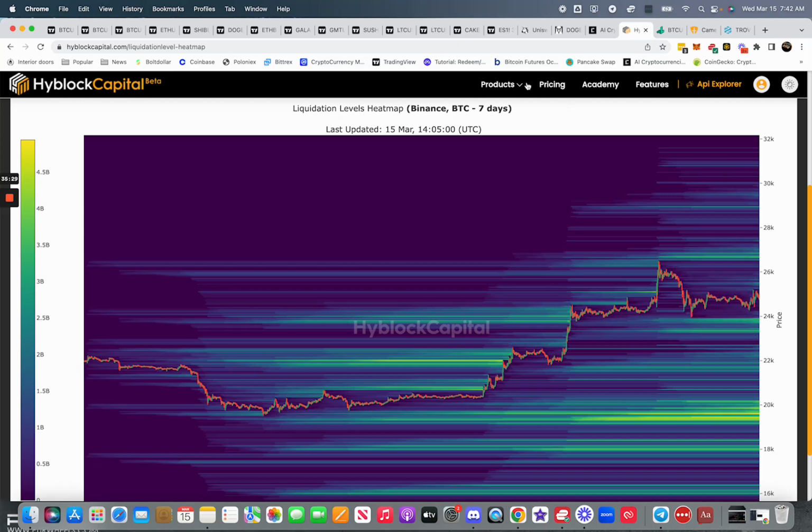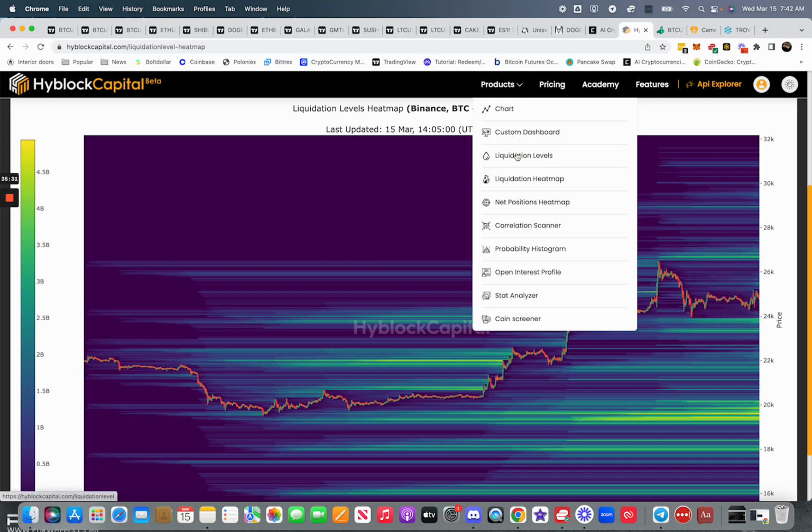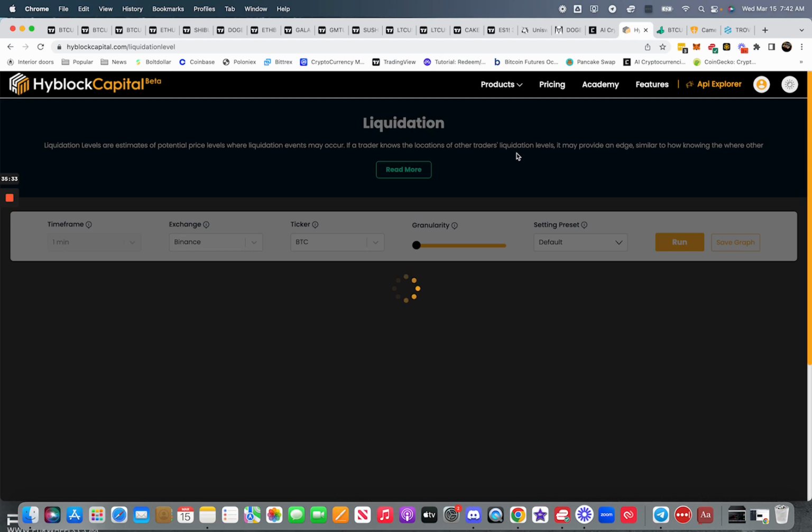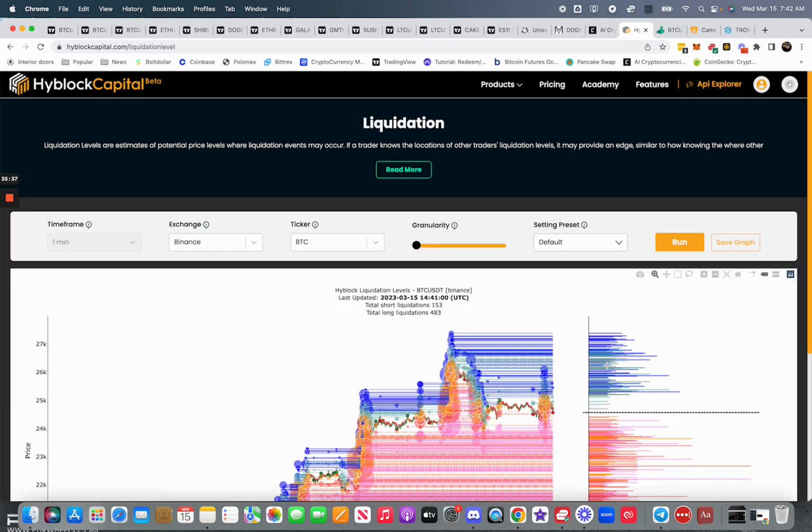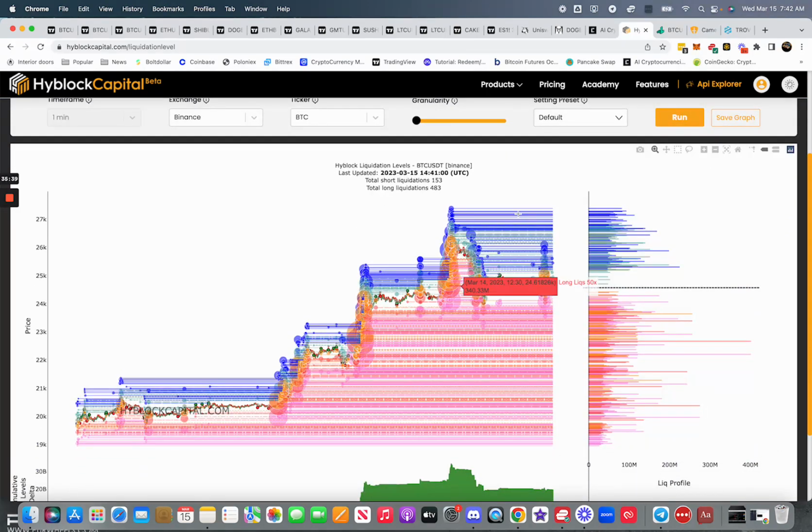Now I'm going to show you something else. Look at this. These are the liquidation levels. Now I want you to pay attention to this number. 483 long liquidations. How do you liquidate long contracts? By dropping.